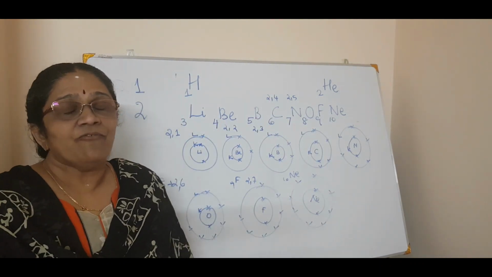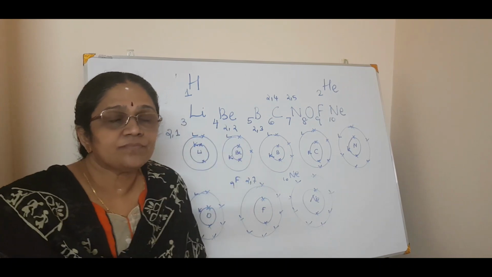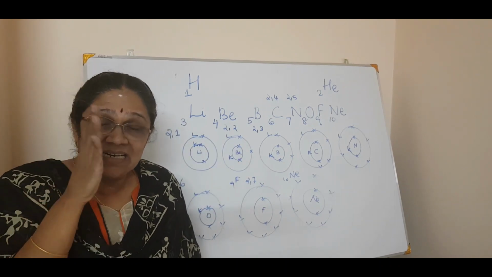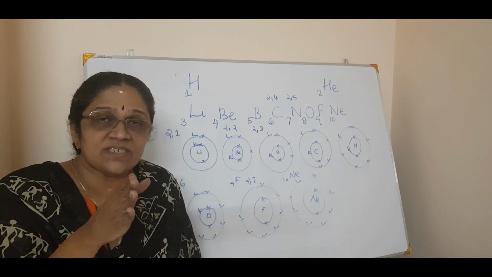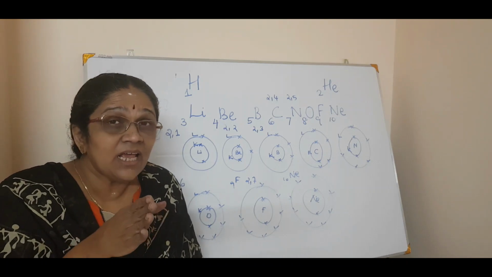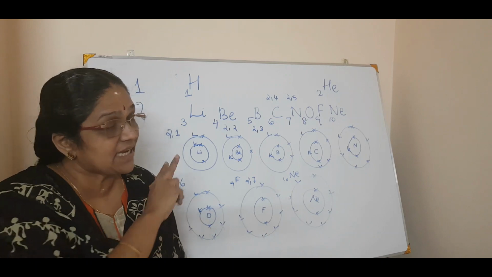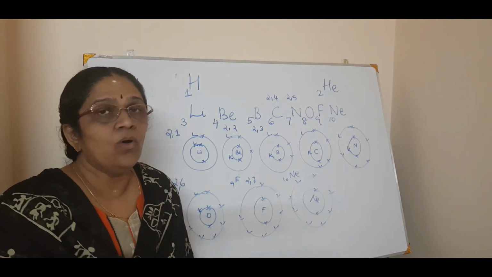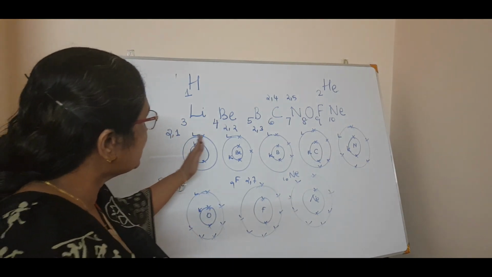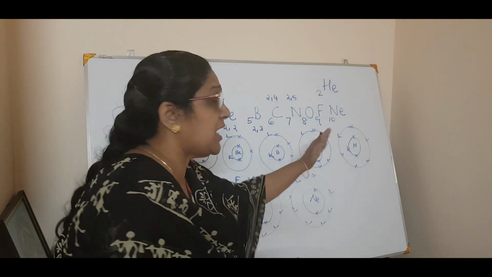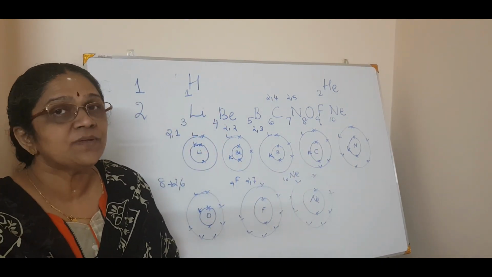So in a period, what happens? The valence electrons are added into the same shell, that is the L shell, in the second period.